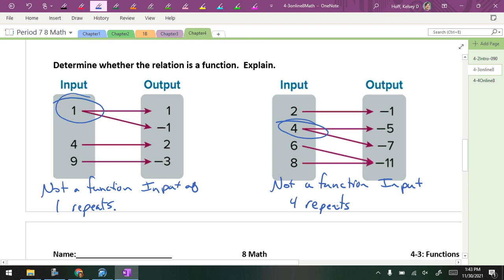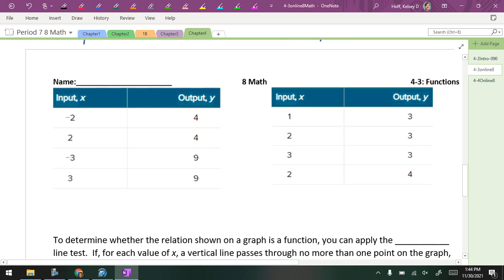Okay, flip it over. What happens if they give us our information in a table? In this top left table. Function, yes or no, by the raise of your hand, somebody. Calix? Yes or no? Function. Yeah?